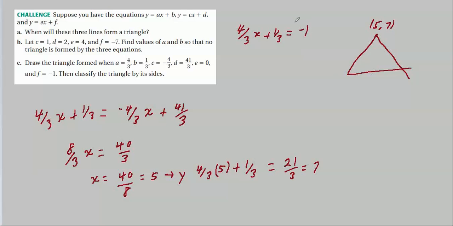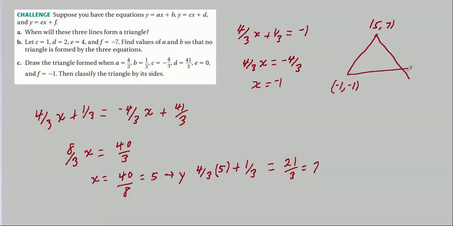We've got 4/3 x, let's subtract 1/3 from each side and get minus 4 over 3. Well, I don't think you need a calculator to see that x equals minus 1. And we already know that y equals minus 1. So this point here is minus 1, minus 1.